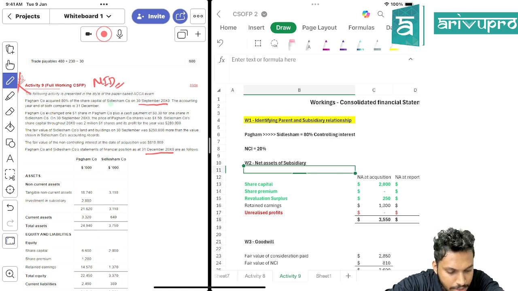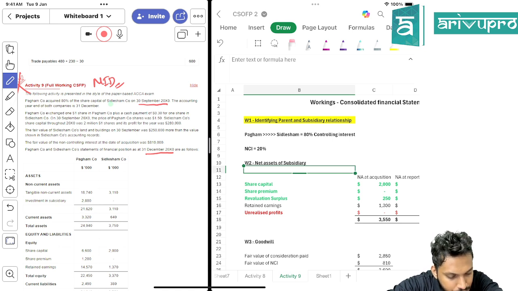See, P company acquired 80% of the share capital of S company on 30th September 2010. The accounting year end for both companies is 31st December. P company exchanged one share in P company plus a cash payment of 30 cents for one share in S. On 30th September 2010, the price of P company's share was $1.5.